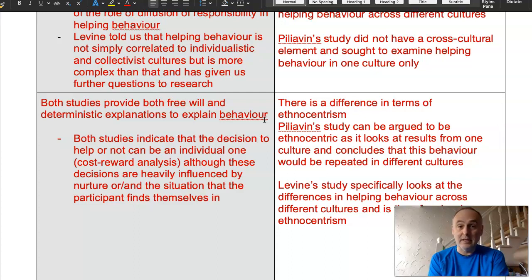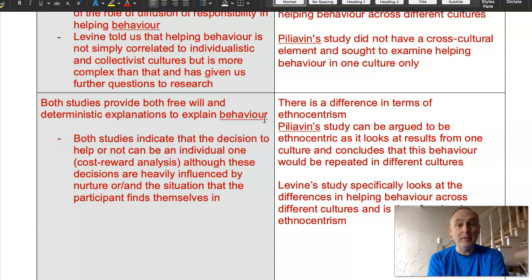As a consequence of that, you have a free will element to this particular experimental understanding of the behaviour, certainly. The Levine study has the same sort of thing going on to a certain degree, but probably not quite, but it's still a similarity in that even though there are nurture explanations given for why people behave in the way that they do, still people do make a decision either to help or not.